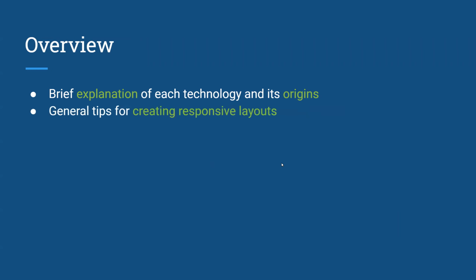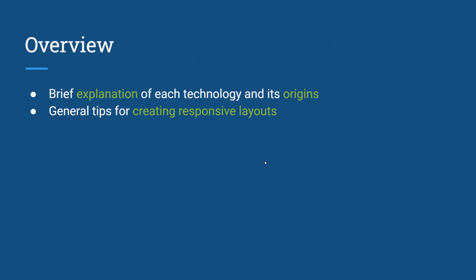So just as an overview of the presentation, I'm going to start by giving a brief explanation of each technology and its origins, just so we're all on the same page as to our understanding of what Sass, CSS Grid, and Flexbox are and what they accomplish. And then I'm going to give some general tips for creating responsive layouts.